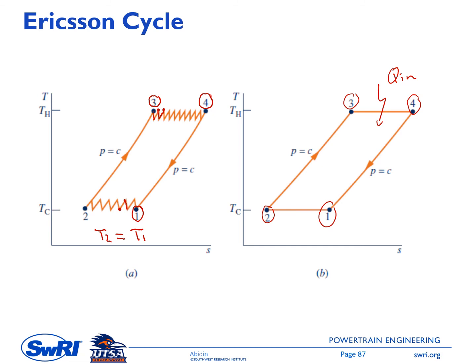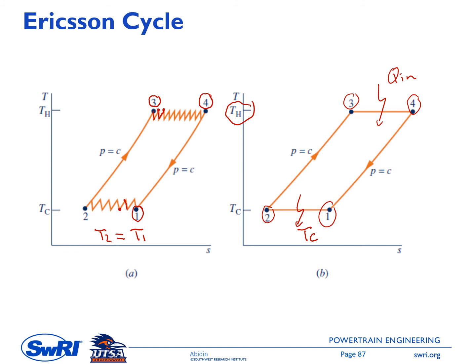So when the number of stages inside the compressor and inside the turbine is unlimited, we have a process where heat is added when the temperature is TH, and heat is rejected when the temperature is TC. The process that follows this rule is called the Ericsson cycle.